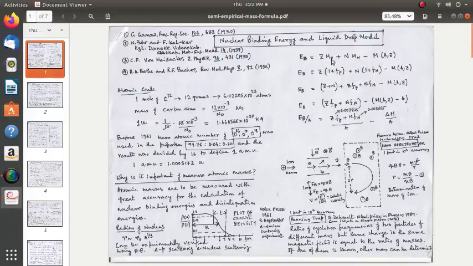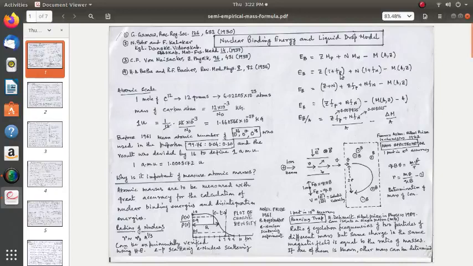Here is Mp, which is not exactly an integer, slightly different from an integer. So we can say 1 plus fp. Similarly, Mn is also slightly different from unity. We can call it 1 plus fn, minus M(A,Z).